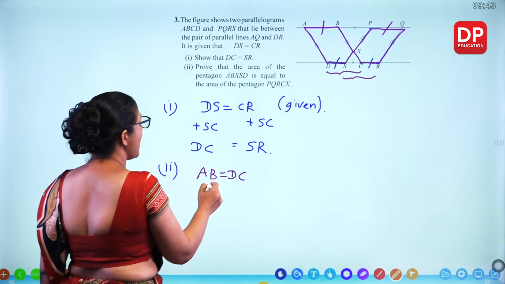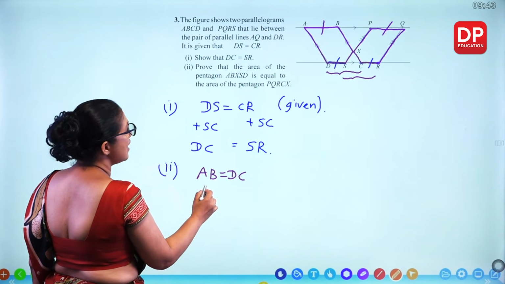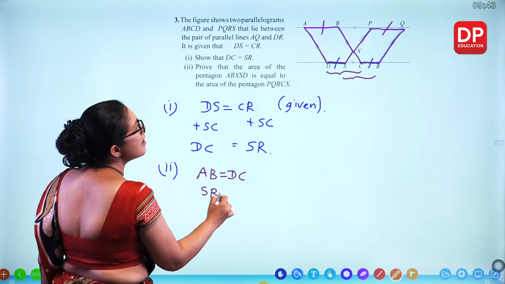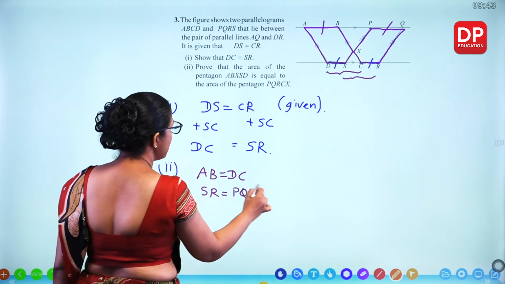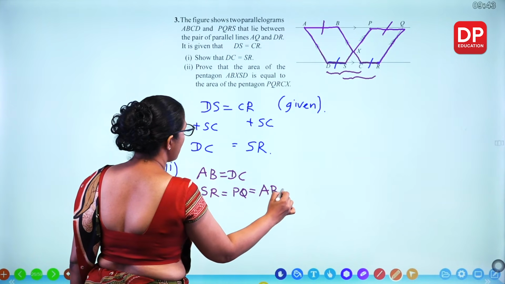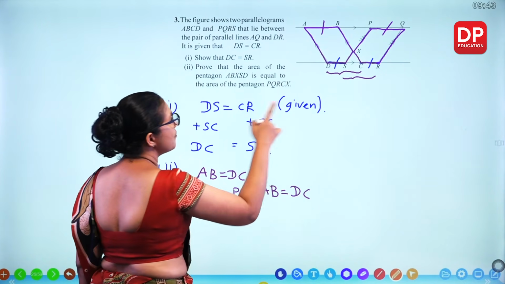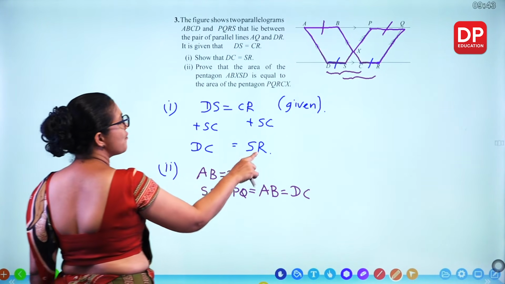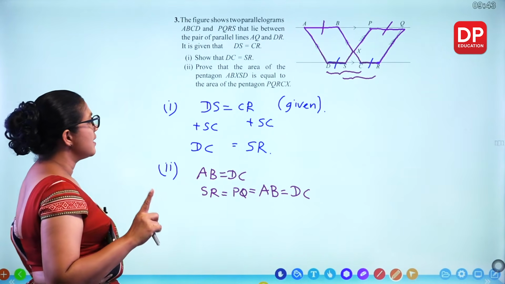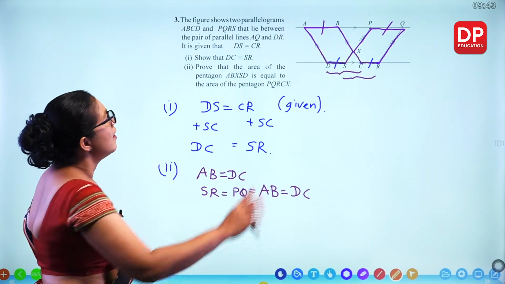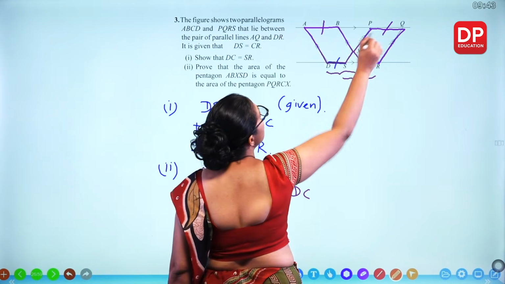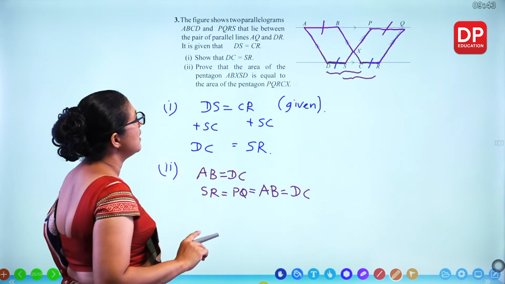So we can write SR is equal to PQ, and all these lengths are equal because of that. Because that's a parallelogram, and from the first part we proved that DC is equal to SR. So all these sides are equal.